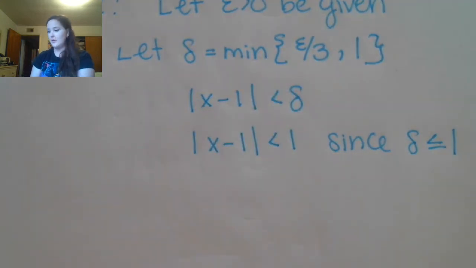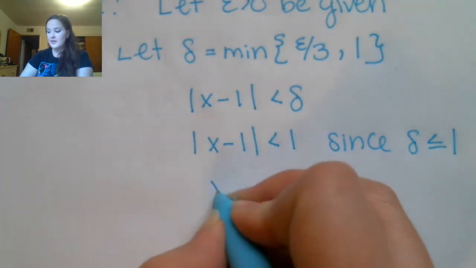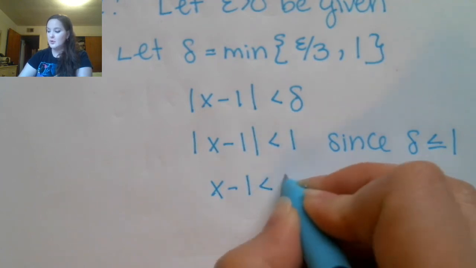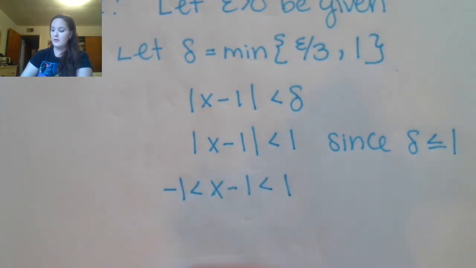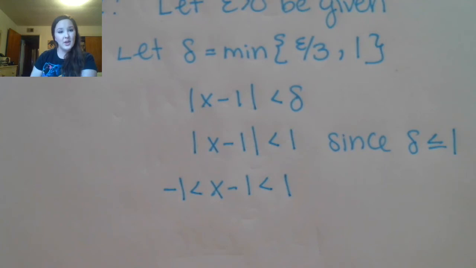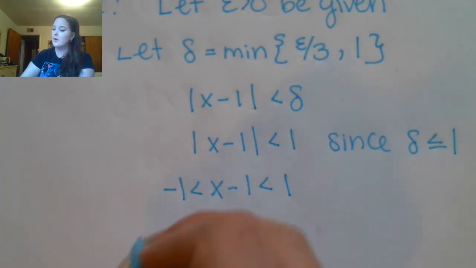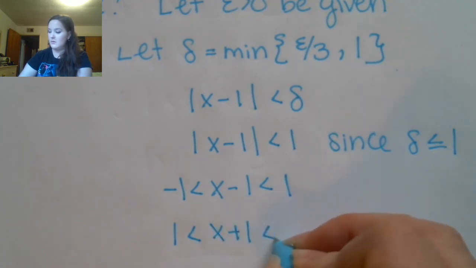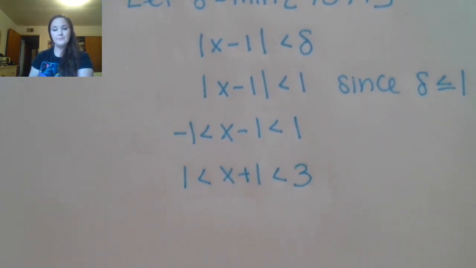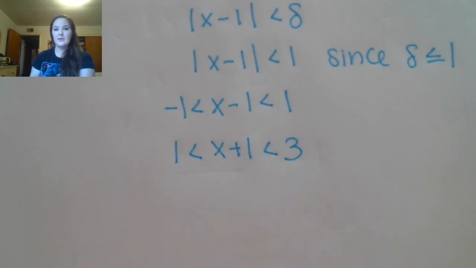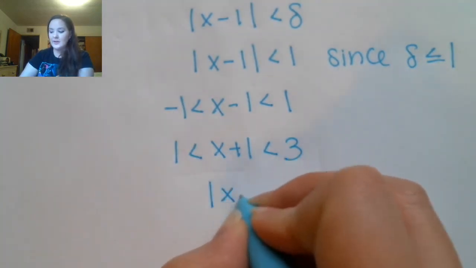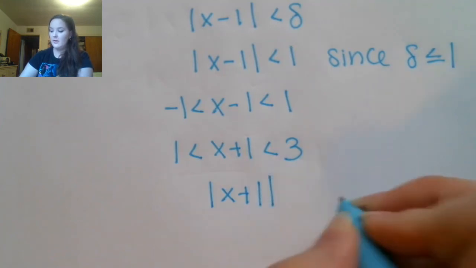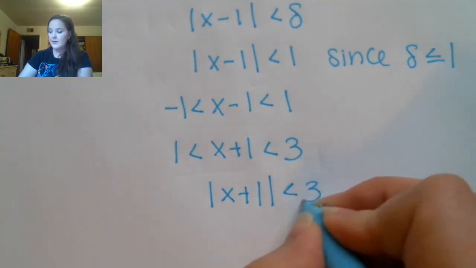Now we're going to say what that means: x minus 1 is between 1 and negative 1. Then we add 2 everywhere, because we want to turn this into x plus 1. So this tells me that the absolute value of x plus 1 is less than 3.